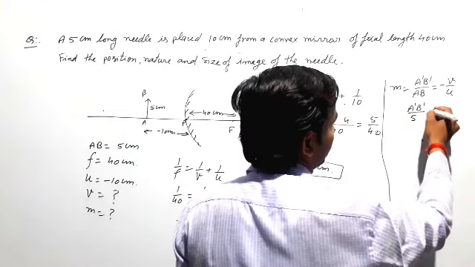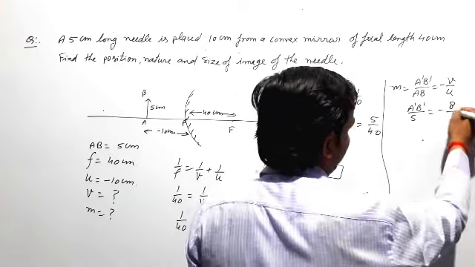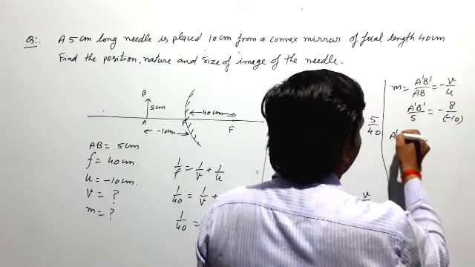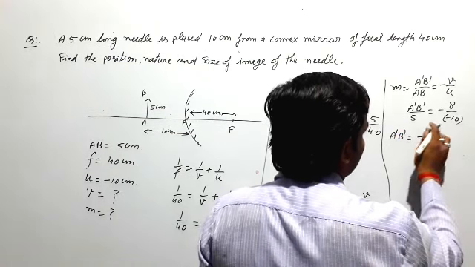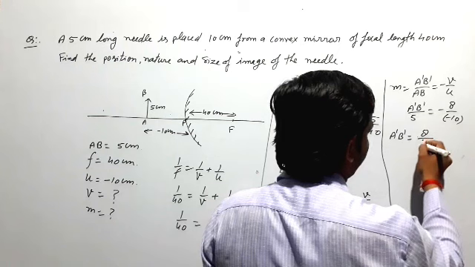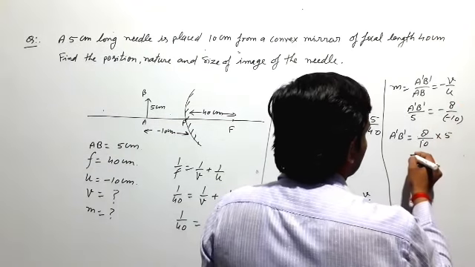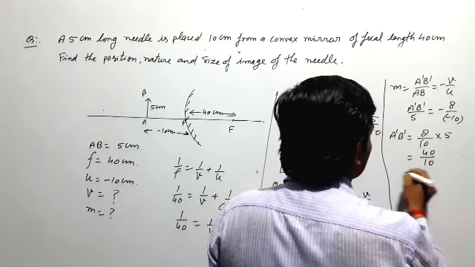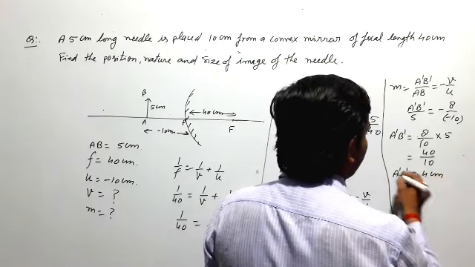So this will be 5 and minus value of v, this is 8 centimeter, and value of u, this is minus 10 centimeter. So a dash b dash, this will be minus, this way, this is plus. So 8 by 10 and 5 will be multiplied. So this is 40 upon 10. So the size of image will be 4 centimeter.